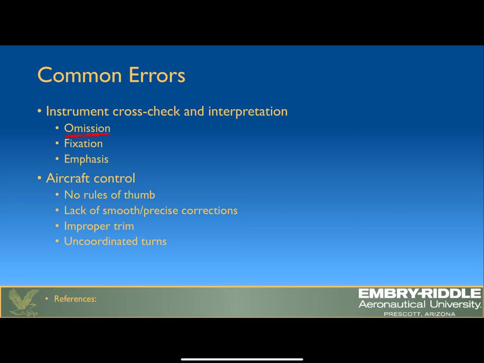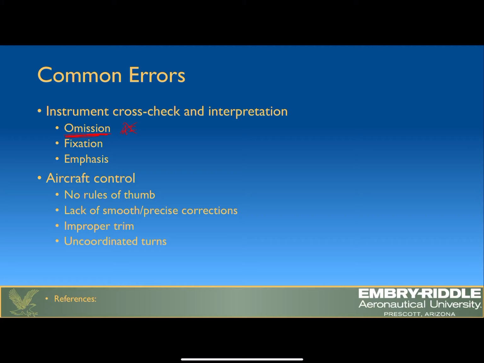So in a cross-check, student pilots, people who are new to instrument flying, will often omit, which means they leave out an important instrument. So that means you check everything, but maybe you leave out your airspeed indicator. You forget to check it, or you leave out your heading indicator. You forget to check it.